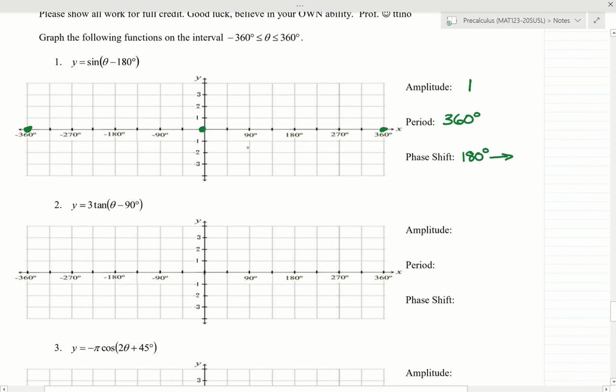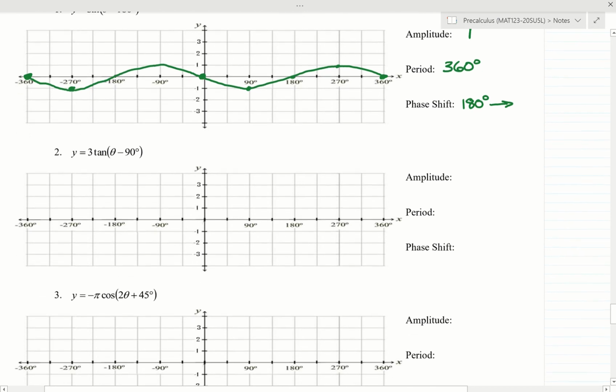And you can see I'm just picking points. If the period is 360, that means that this will be negative 1, 360 before. At 180, I'm getting 0, and it's probably going to be 1. So we could see the graph would look something like this. That's what that graph looks like.